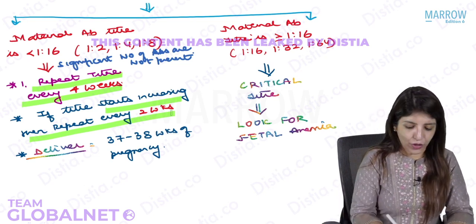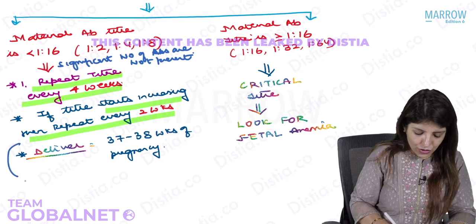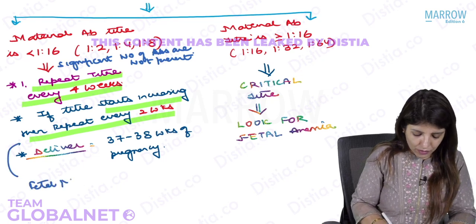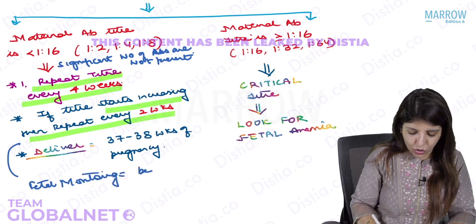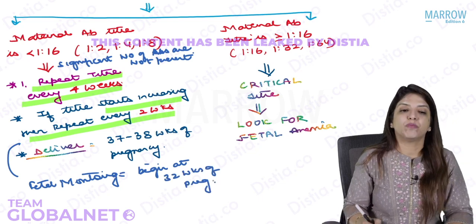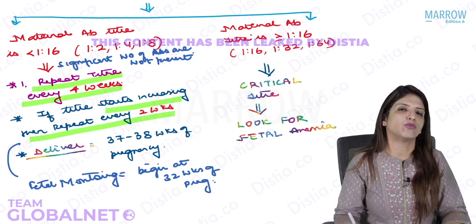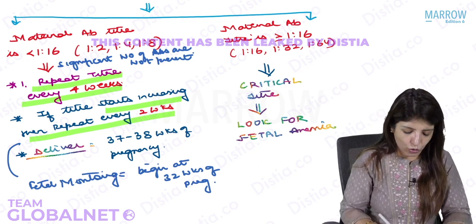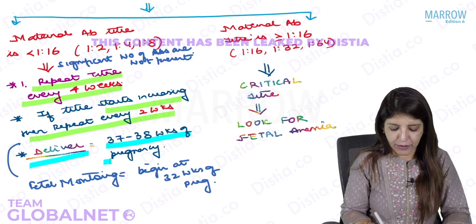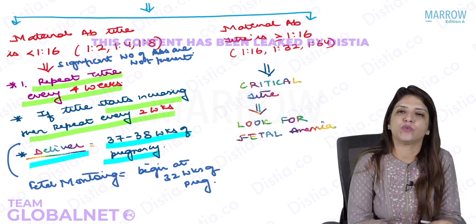And I am going to do fetal monitoring. Fetal monitoring has to begin at 32 weeks of pregnancy. So beginning at 32 weeks of pregnancy, I'm going to do fetal monitoring, and I am going to deliver my patient between 37 to 38 weeks of pregnancy.